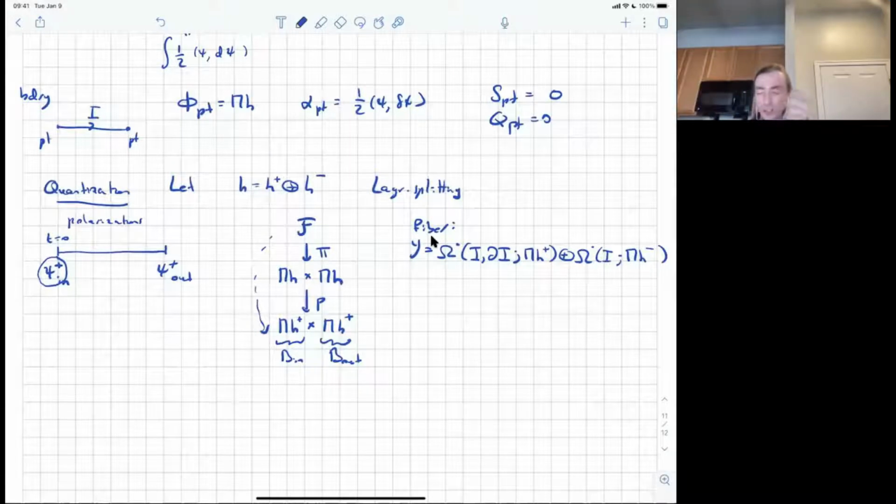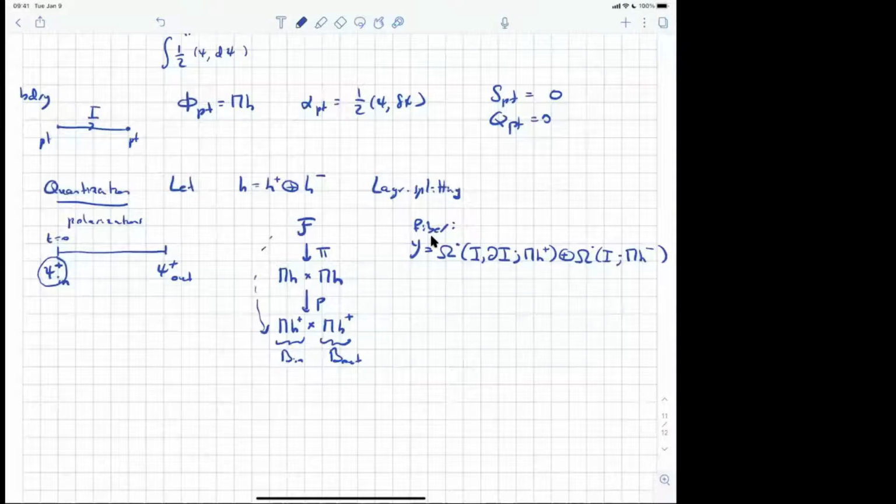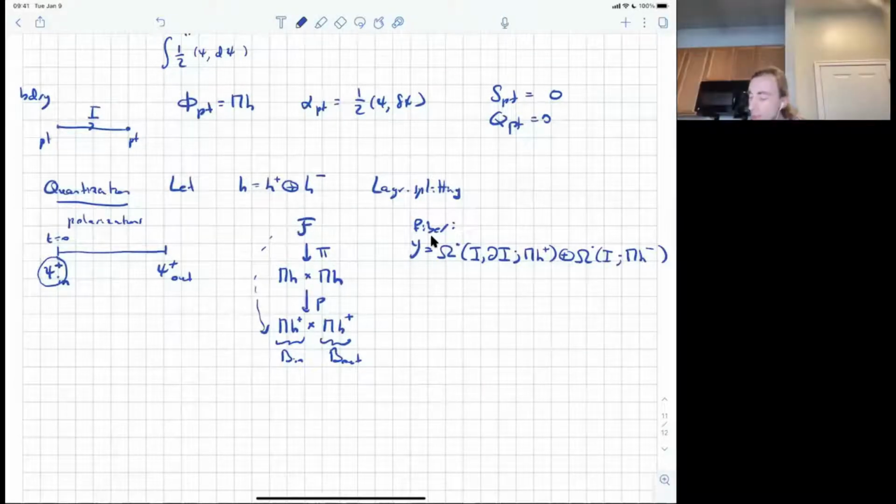There were initial Q and initial P and final Q and final P. So I could have fixed initial coordinate Q and final coordinate Q. So if I'm presenting my field as some extension of Q initial in the bulk and some extension of Q final in the bulk, then to it I should be adding a fluctuation which has to have vanishing Q at the initial time, vanishing Q at the final time, but no restriction on P. But this is about the one form, so it confuses me, right? No, that's about the 0 form.